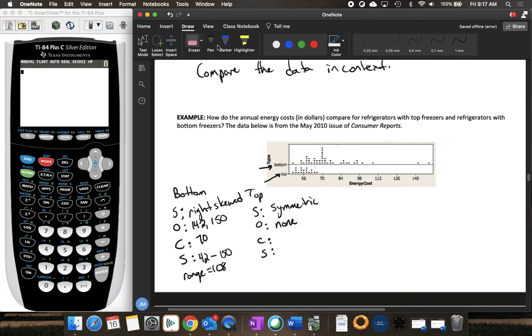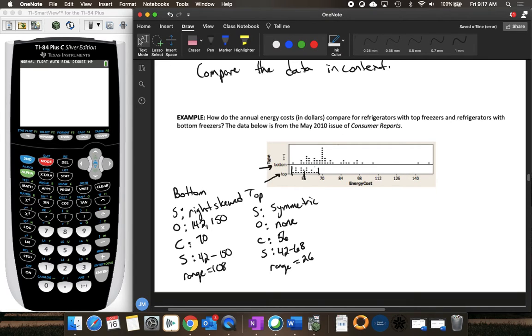For the center of your distribution, it looks like our center is right here around 56. And then for your spread, you're going from, again, about 42 this time to a little bit less than 70, so maybe 42 to 68. So your range takes 68 minus 42. It's going to be about 26.